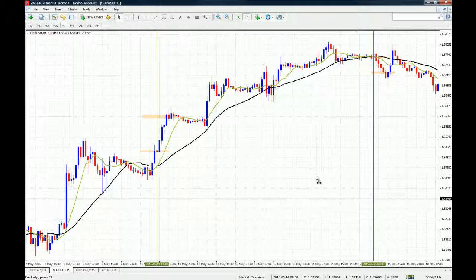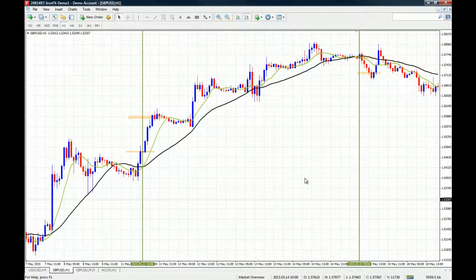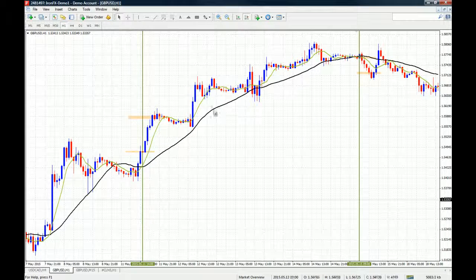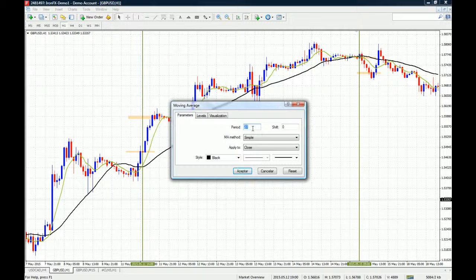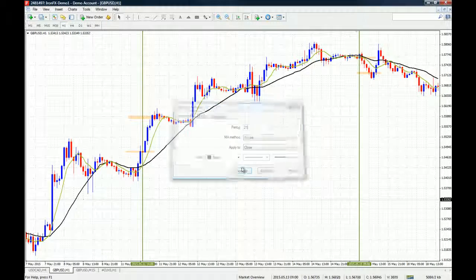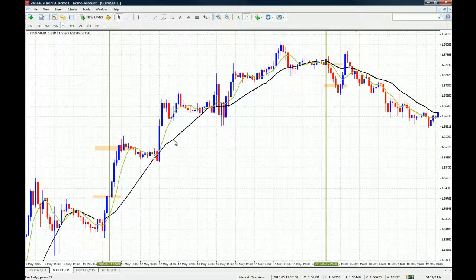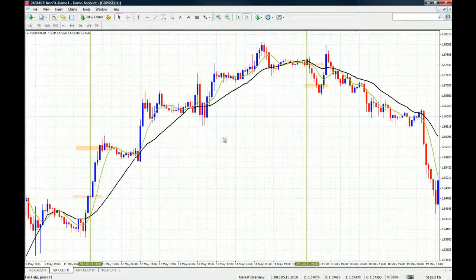Now you can use the 9 and 27, and if you want a more reactive system of moving averages, you can use maybe the 7 period simple moving average, and the 21 as the slow period moving average, but you are going to get more fake signals out of it.